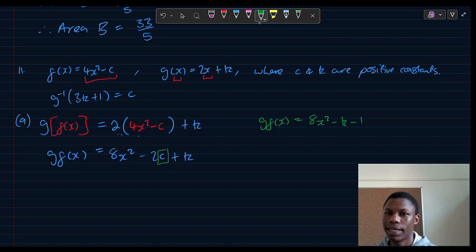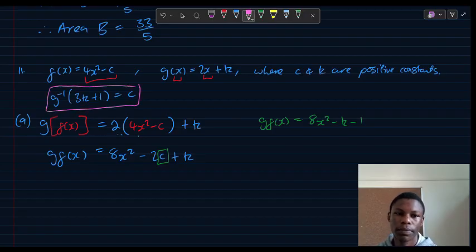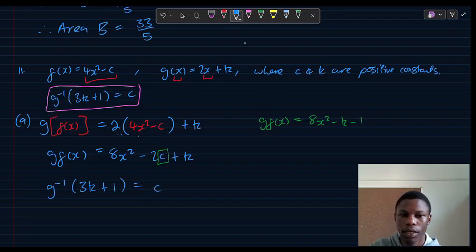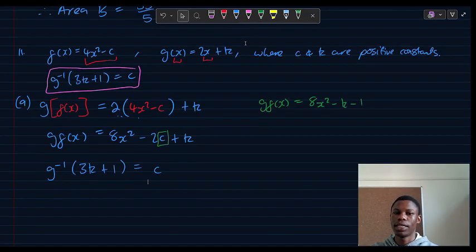So we need to find a way to get rid of our c. And we can do that using this bit of information we've been given here. We've been told that g inverse of 3k plus 1 is equal to c. So we need to find a way to rewrite our c in terms of k.